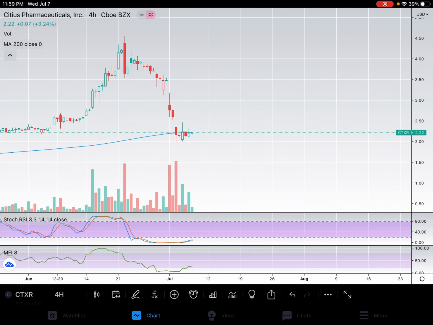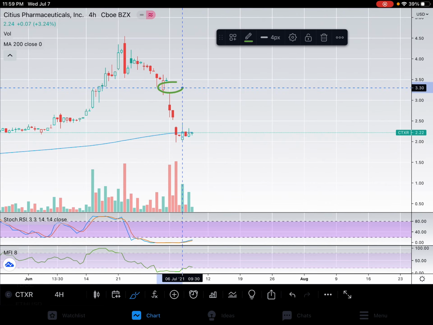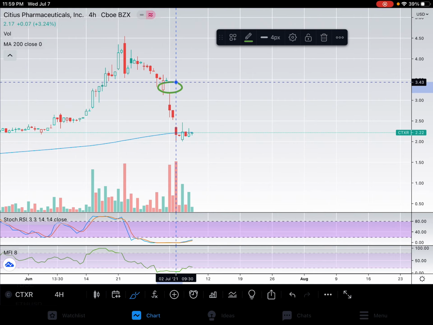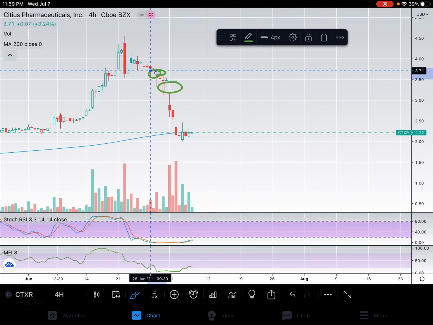So you got this gap that needs to be filled. Looks like there's another gap here that needs to be filled. Like I said earlier, price action loves to fill gaps.